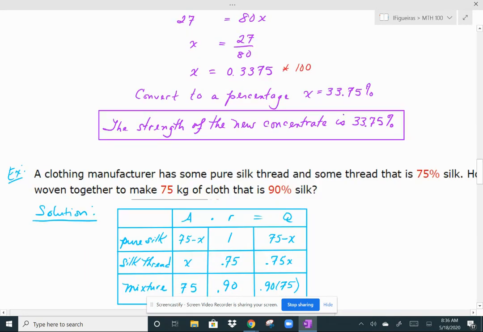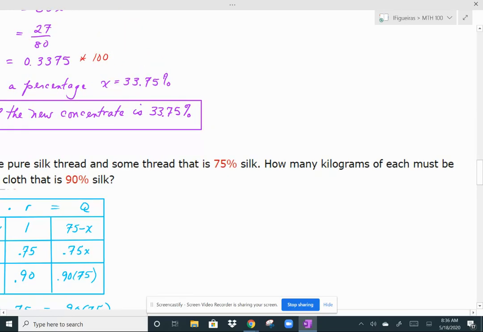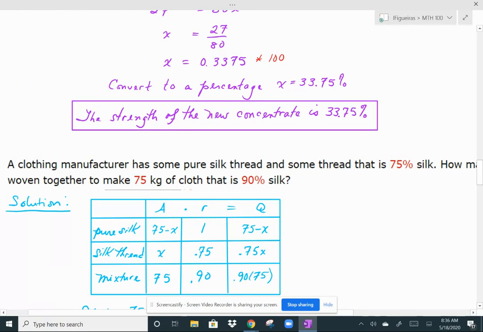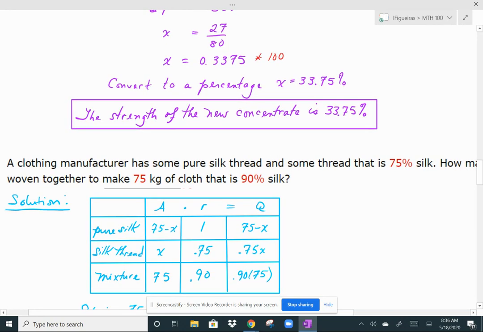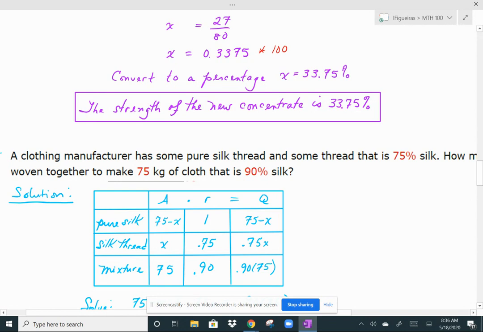Okay, here's another percent mixture problem. It says a clothing manufacturer has some pure silk thread and some thread that is 75% silk. How many kilograms of each must be woven together to make 75 kilograms of cloth that is 90% silk? Okay, so this time you're not given the amount of your ingredients.